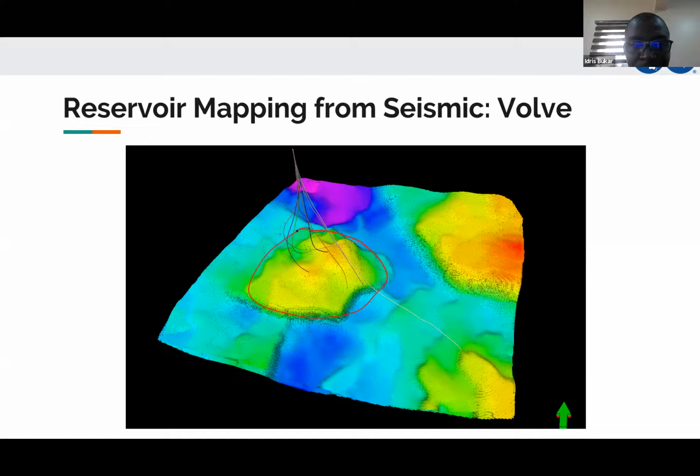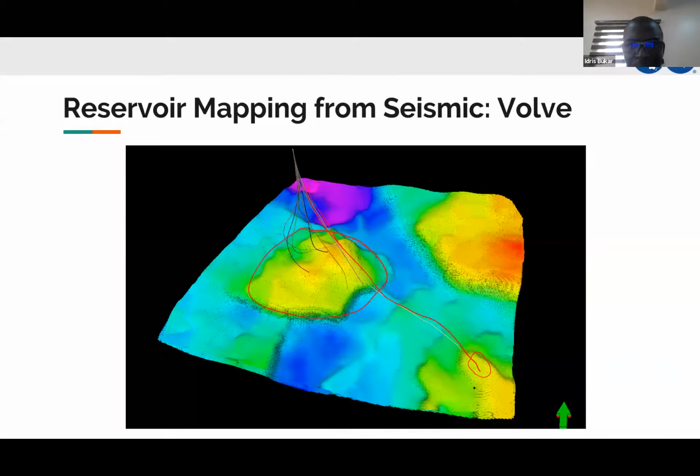But the accumulation is up to the spill point here, just outside of the dome. You see there's a well going all the way into this area here, which I found out was a well they did for disposal of gas, I think, or something.